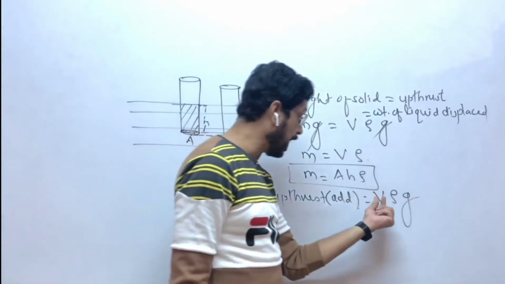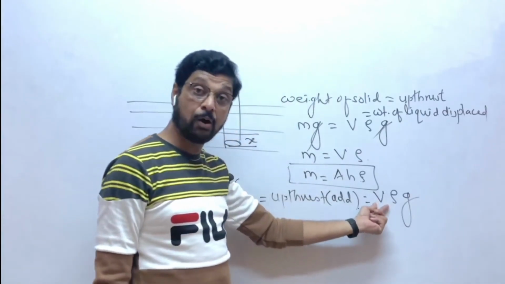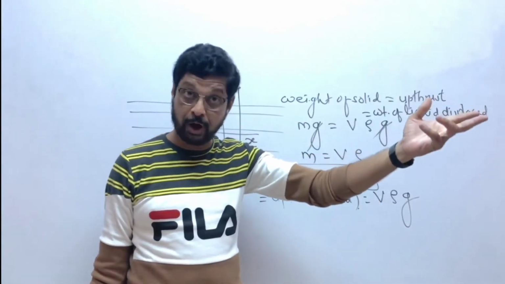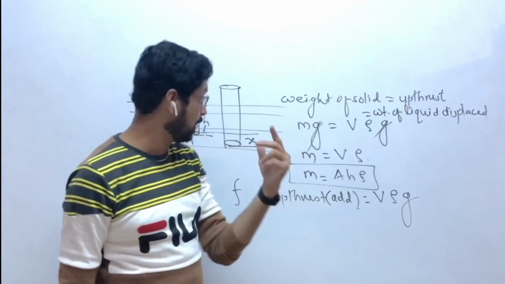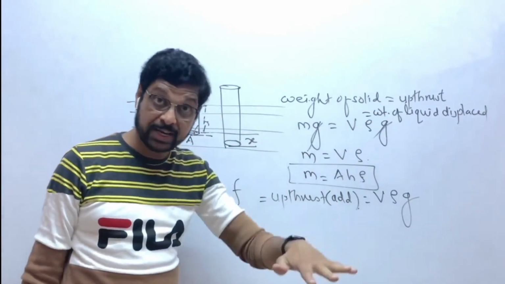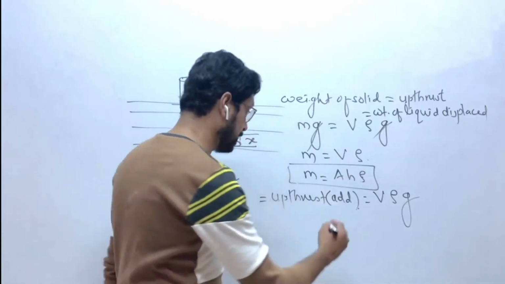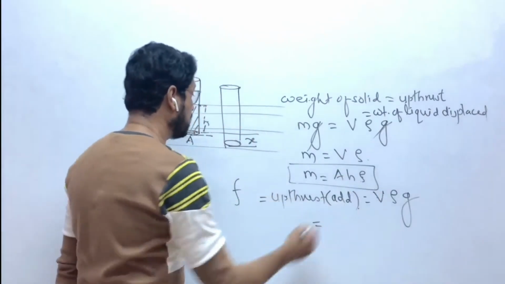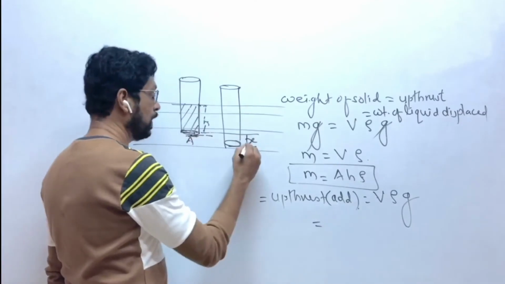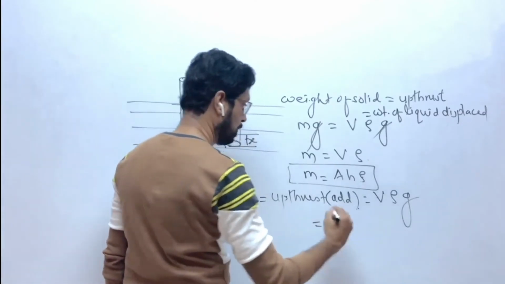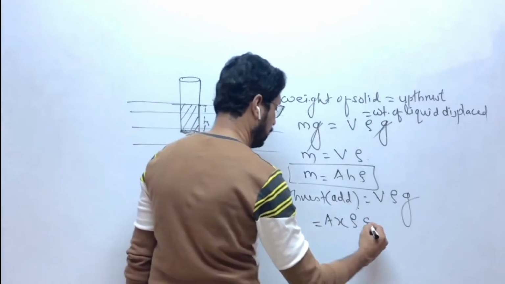And what is that V? V is now the additional volume of liquid displaced, due to pressing further. The additional volume will be A into x, into rho into g.